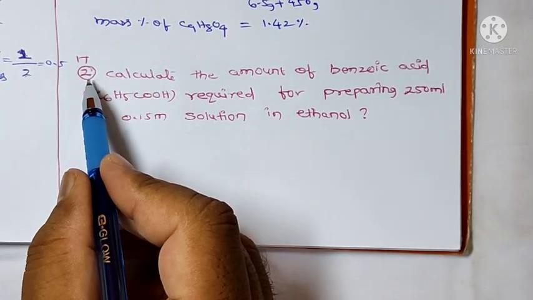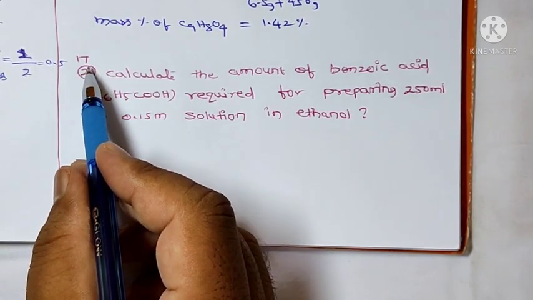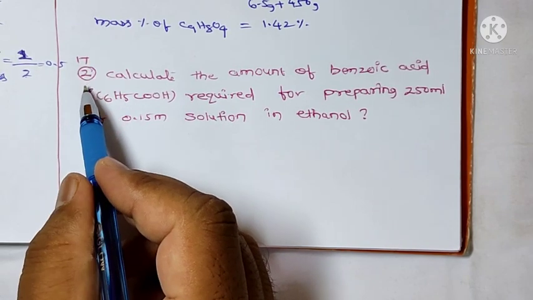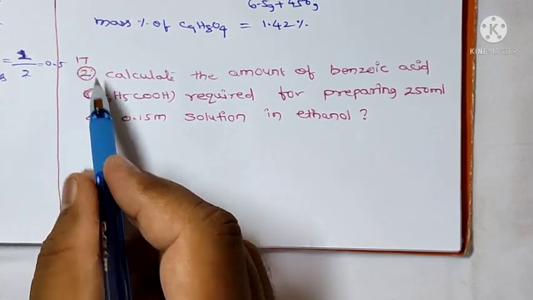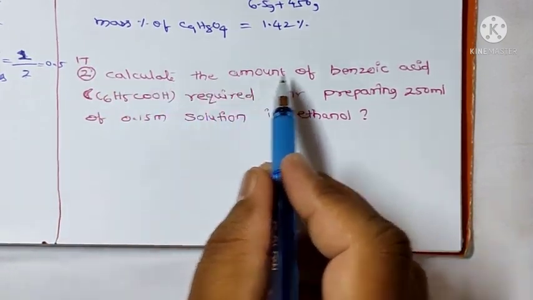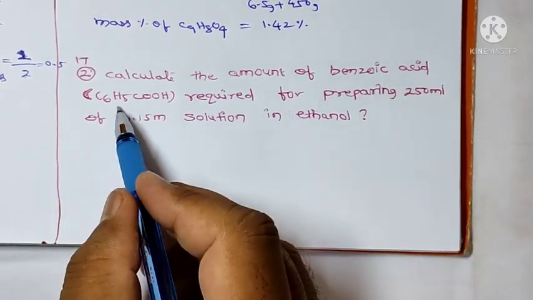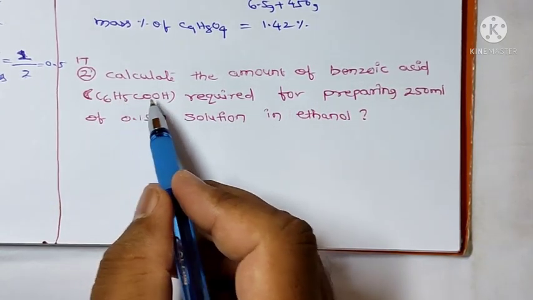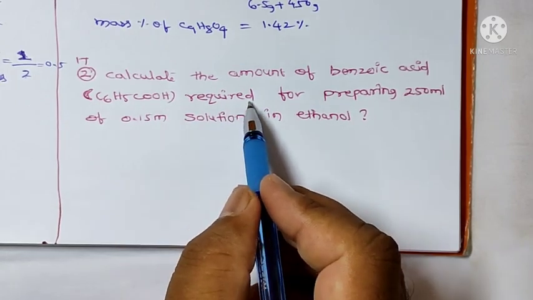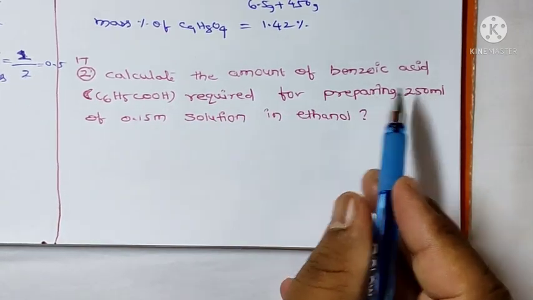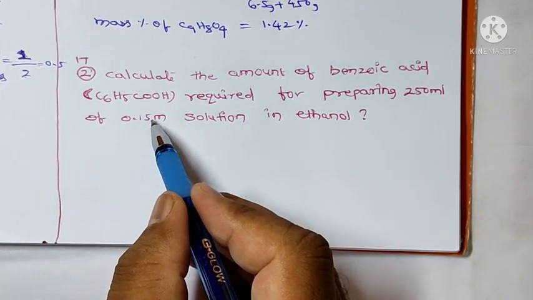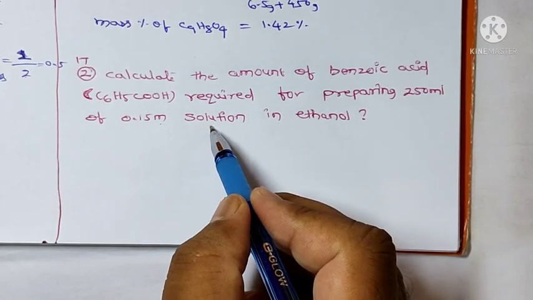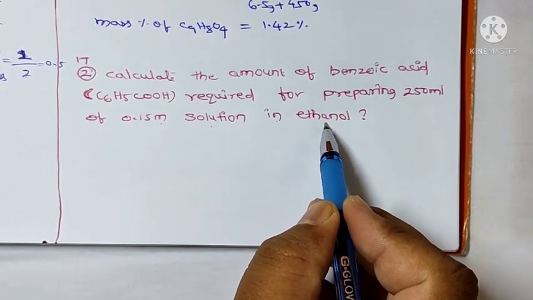Next, second problem. In the NCERT textbook or Telugu Academy textbook, the problem number is 17. Calculate the amount of benzoic acid, formula C6H5COOH, required for preparing 250 ml of 0.15 M solution in ethanol.